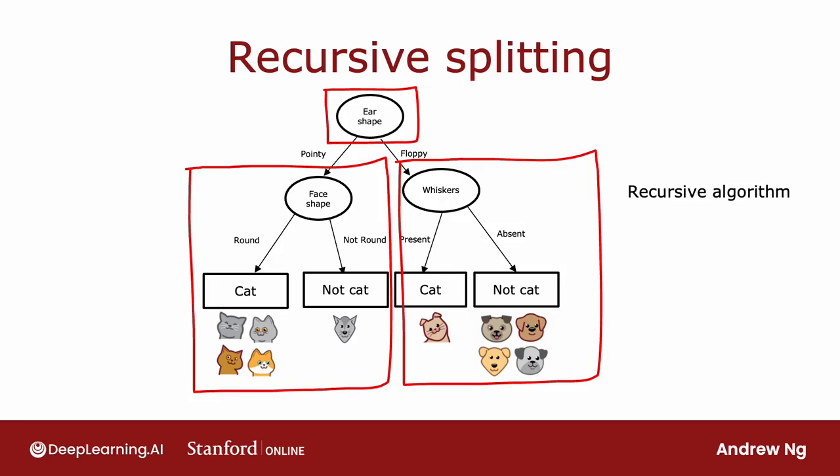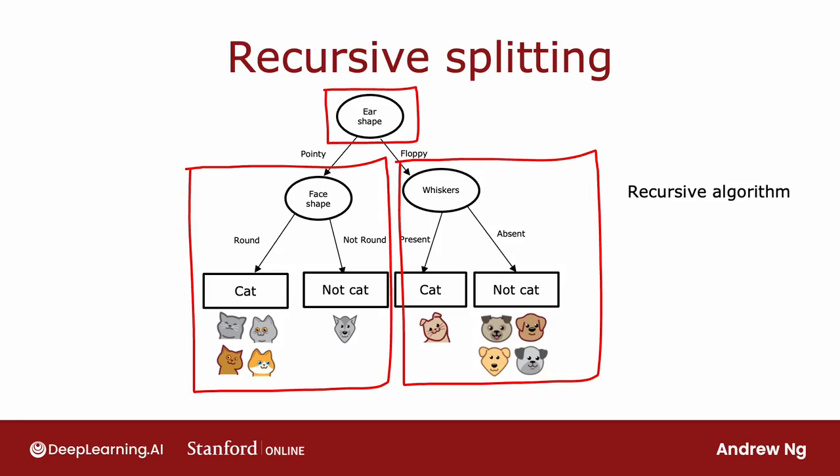And all that means is the way you build a decision tree at the root is by building other smaller decision trees in the left and the right sub-branches. So recursion in computer science refers to writing code that calls itself. And the way this comes up in building a decision tree is you build the overall decision tree by building smaller sub-decision trees and then putting them all together.